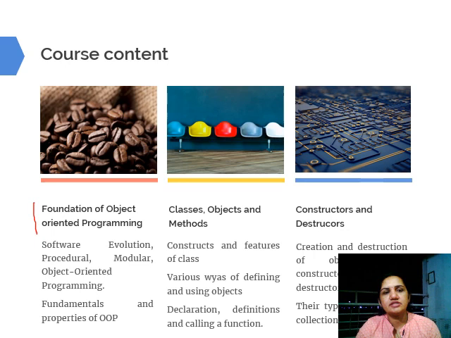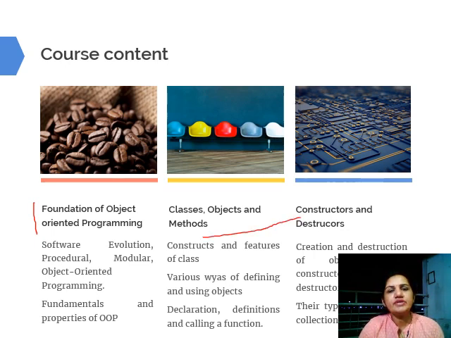Modularity means breaking the program into smaller parts or modules. How exactly does an object-oriented programming language or paradigm support it? In our first unit, we are not going to discuss how, but we are going to discuss what the features of object-oriented programming are.